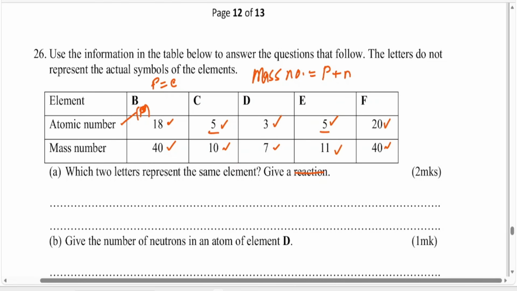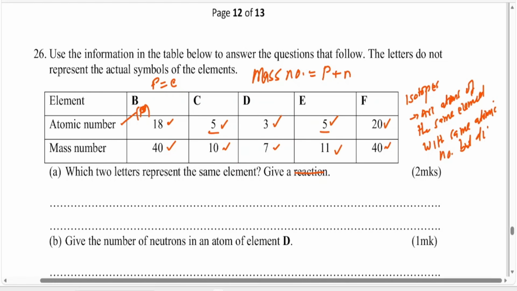That's where we get what we call isotopes. What are isotopes? Isotopes are atoms of the same element with the same atomic number but different mass numbers.